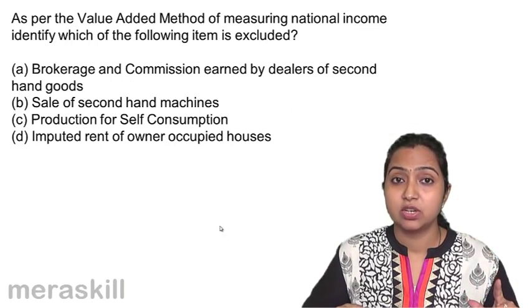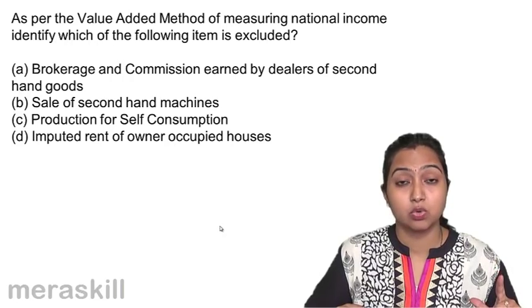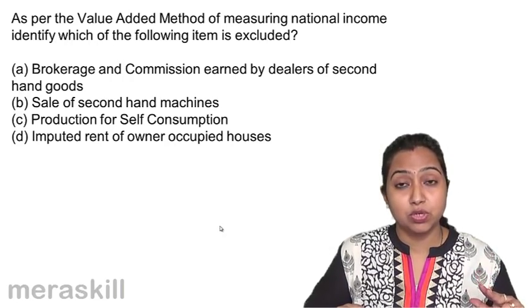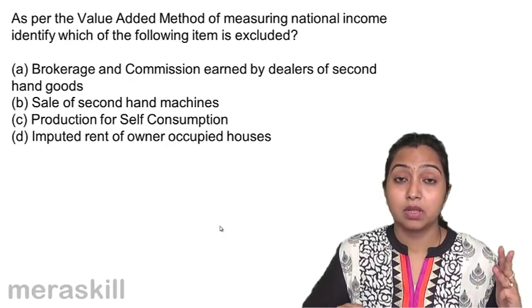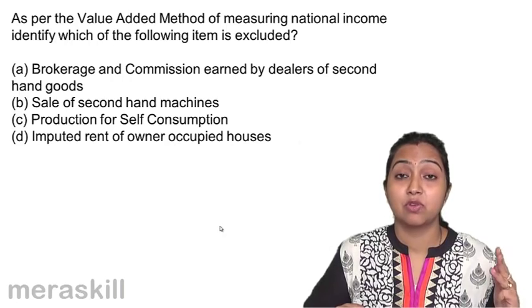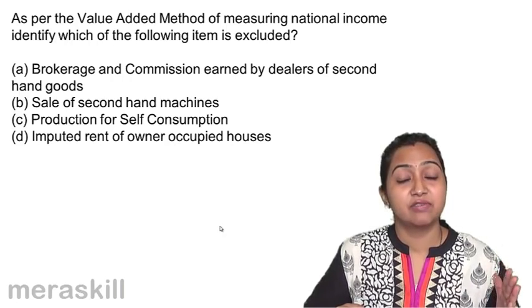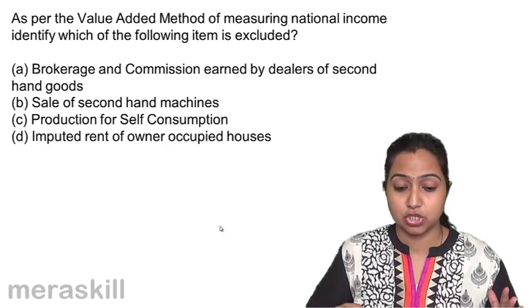Second, we do take into consideration the brokerage and commission that accrues on the sale of second-hand goods. Third, imputed rent of owned house. Fourth, the production that is being kept for self-consumption. And fifth, fixed assets if they are created on one's own, that should also be taken into consideration.